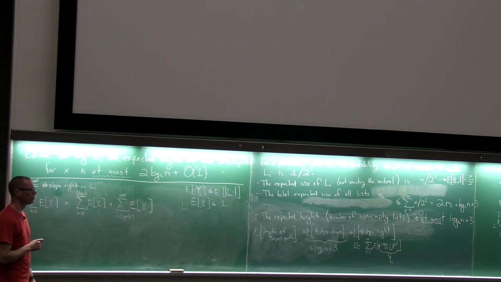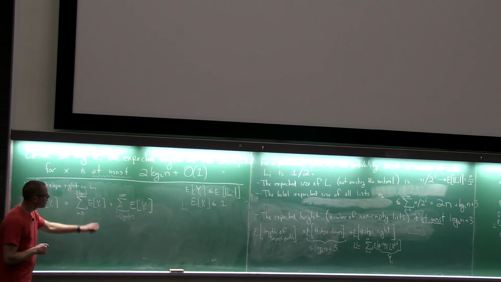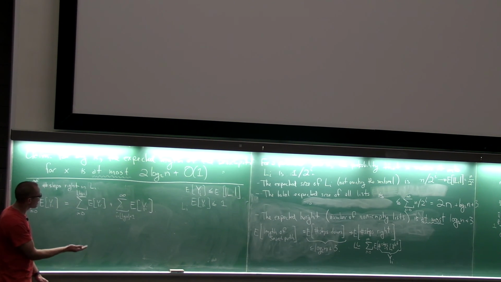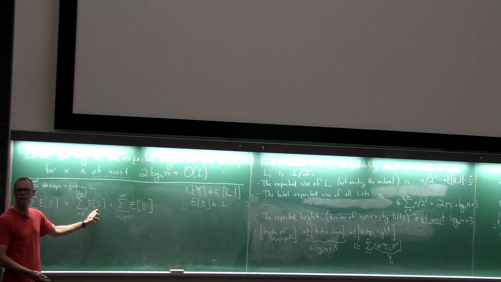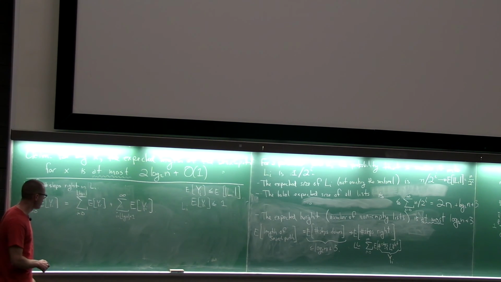Which is more powerful? Less than or equal to 1, right? These lists, the first log n of them, they're actually in general pretty long. I mean, the bottom one is length n. So it's certainly better to say that the length is less than or equal to 1 than it is to say it's less than or equal to n.